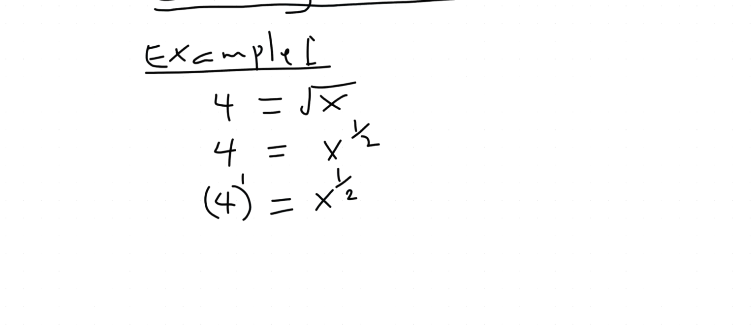So therefore, the inverse of 1 over 2 is 2 over 1. So you multiply both the powers by the inverse. We now say multiply by the inverse, which is 2 over 1. That is the inverse of 1 over 2, take note of that.